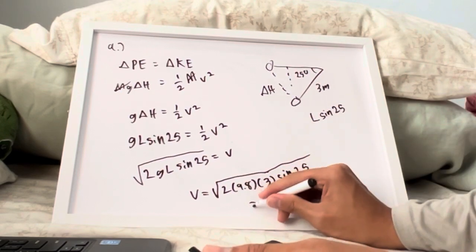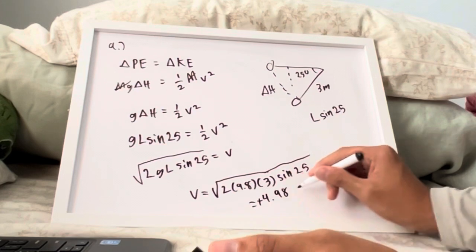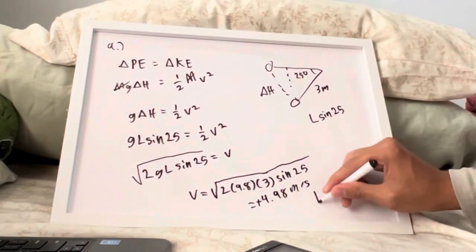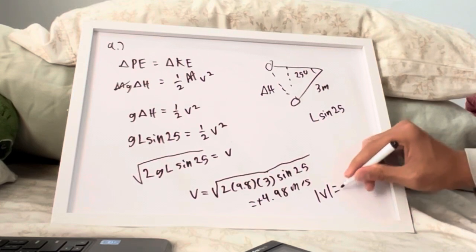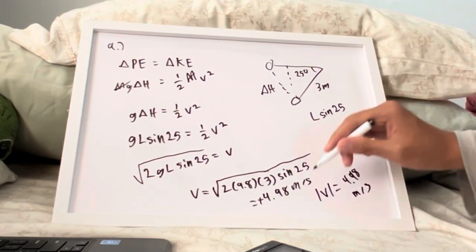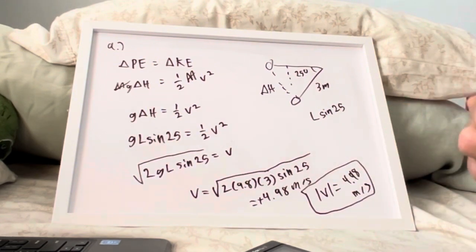And that comes out to be 4.98, positive, because it's not yet speed. And then for my final answer, they want speed, so I'll just take the absolute value. That's equal to 4.98 meters per second. So this is my final answer, and that's how you calculate the speed.